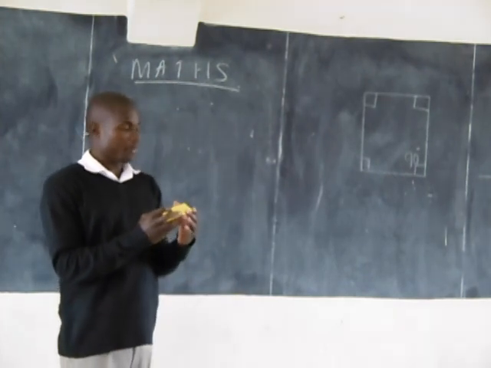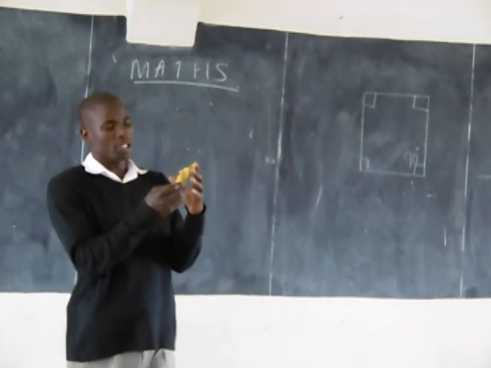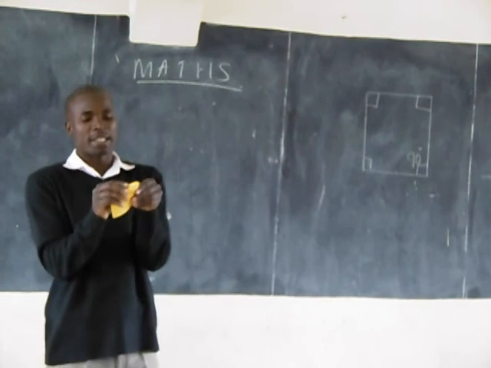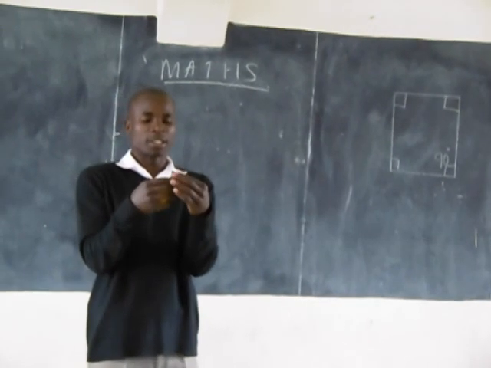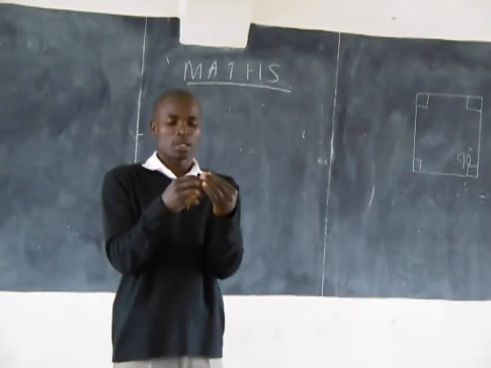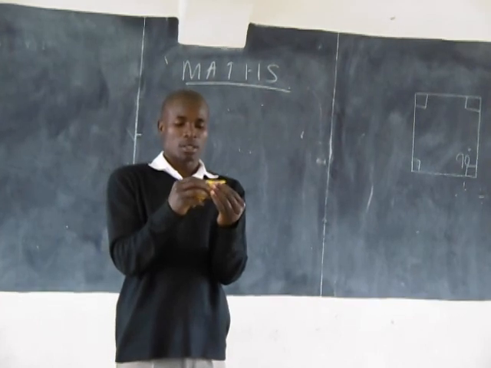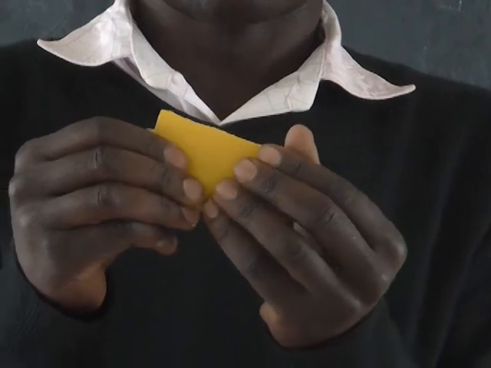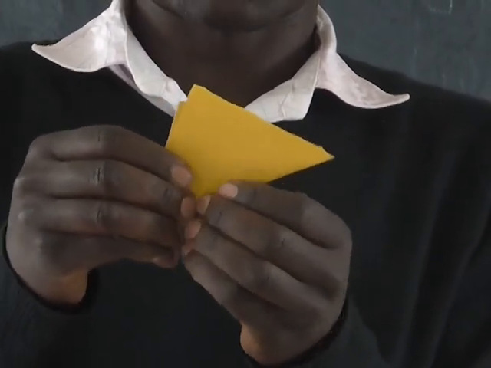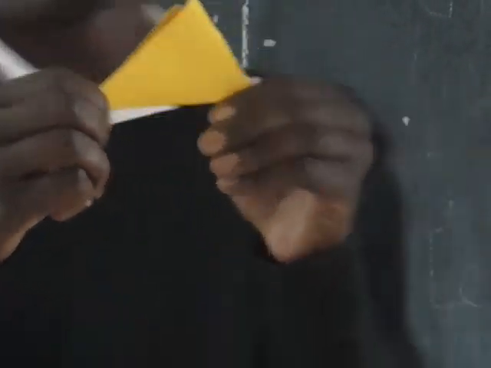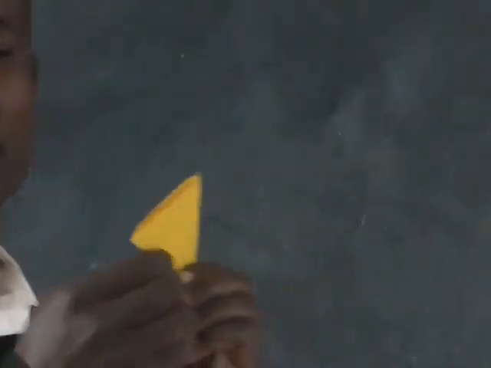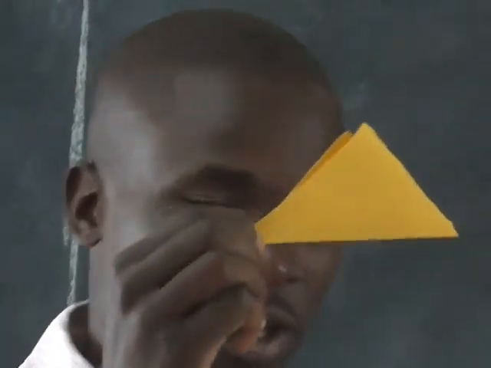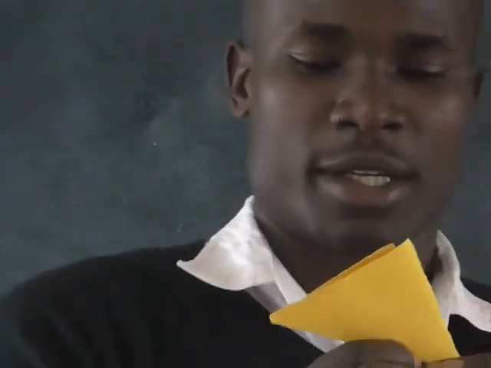Good. If I fold my square at a point of 90, I don't know what I'm going to have, but let us see. You'll have something different from what we had.